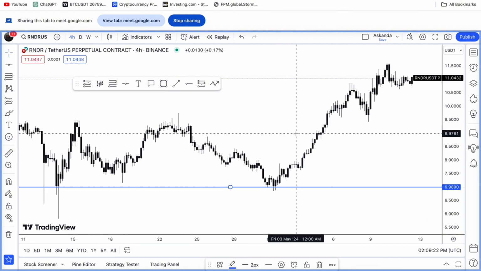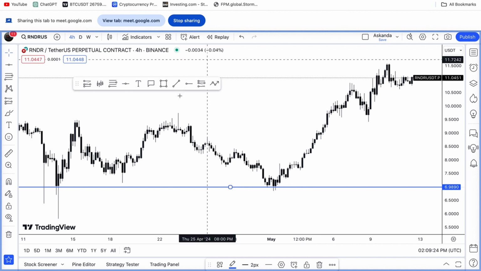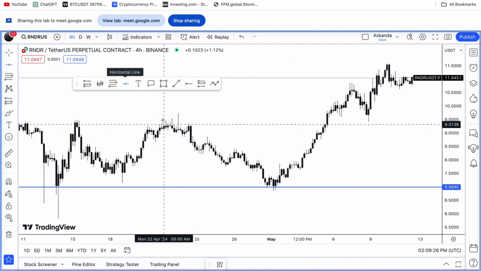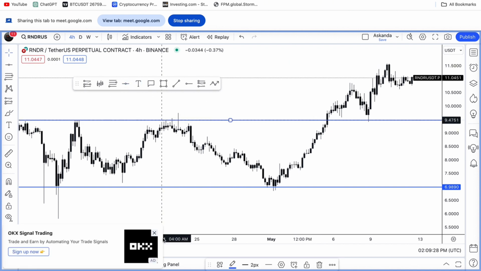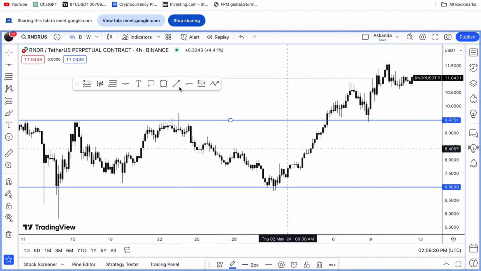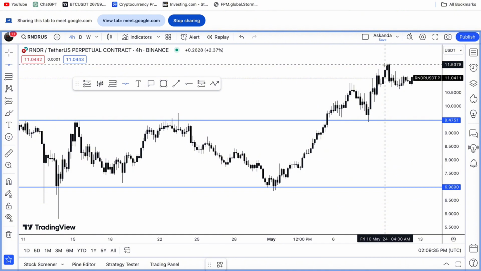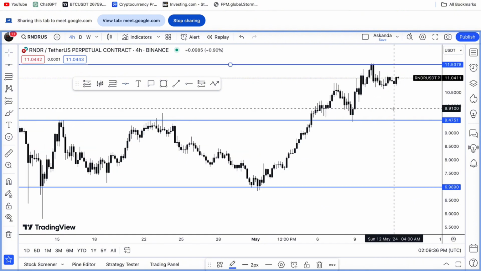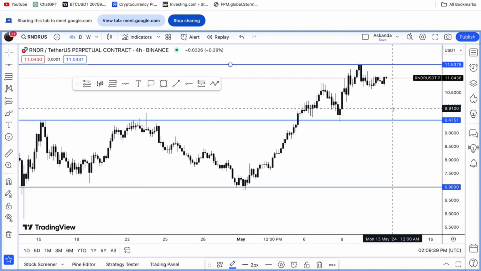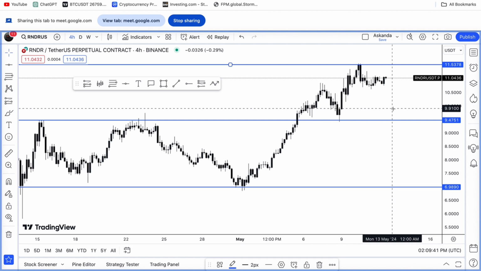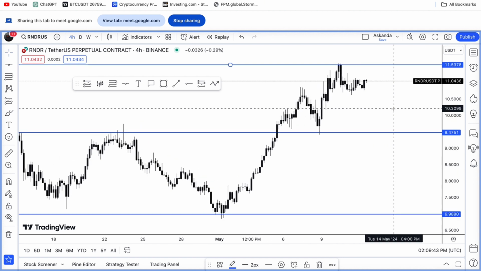But if I'm doing my analysis, I'll always add them. So I'll add here too. Then I'll go to the next resistance zone, which is up there. Now we can see the market is trying to go bearish on RND token. So we are thinking of shorting.